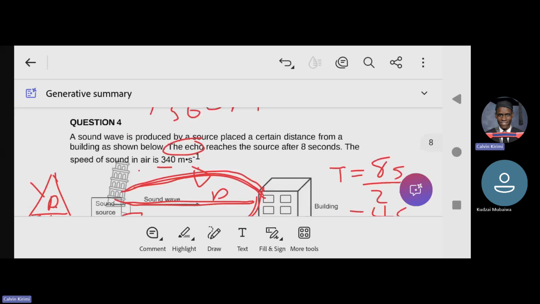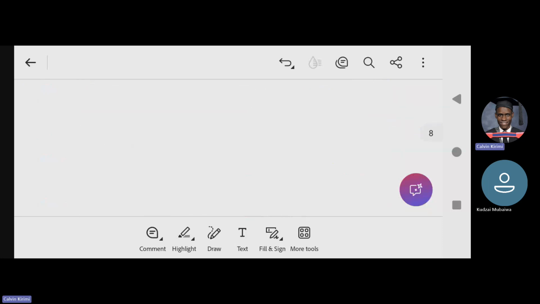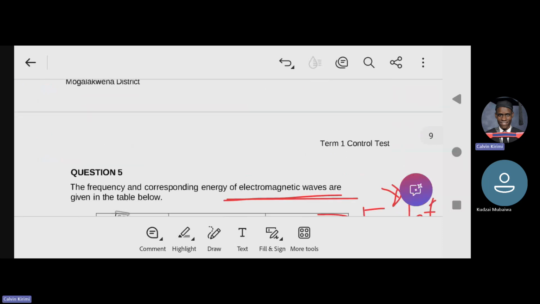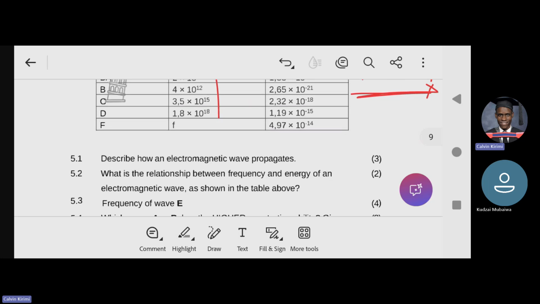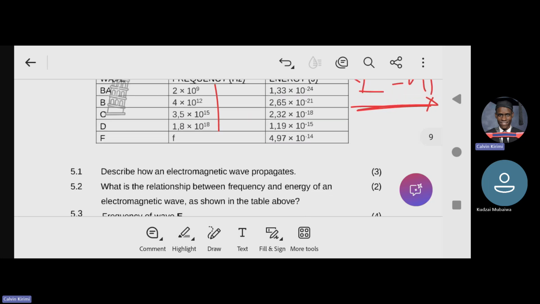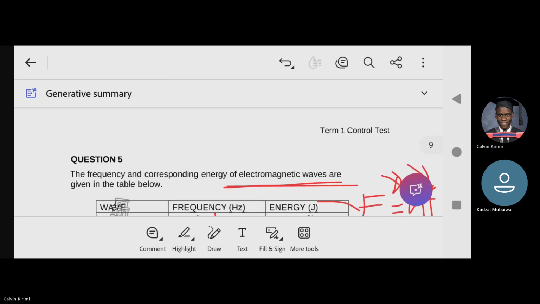And for a spring which causes longitudinal waves, you are compressing the spring. Can you see the propagation? So in terms of electromagnetic waves, they are saying, how do you propagate these electromagnetic waves? In other words, describe how an electromagnetic wave propagates, which is 5.1.